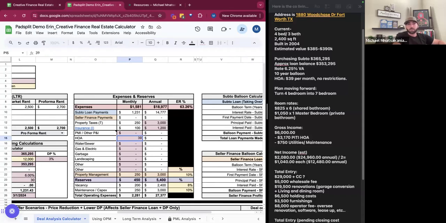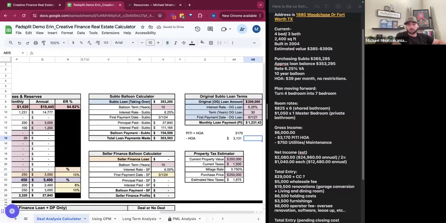Okay, so there's 31 remaining that is going towards the, actually we could just put PITI. So not with the HOA, just the PITI, right? The principal and interest payments on the loan, taxes and insurance.